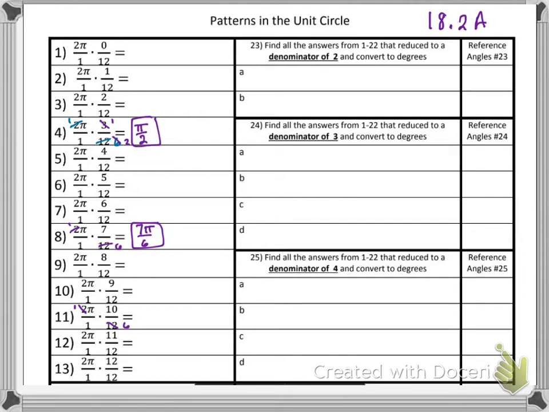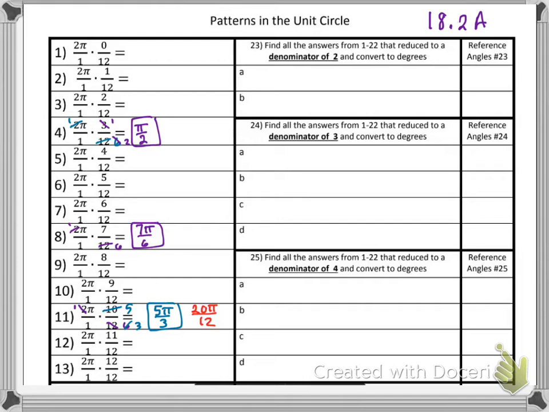Then 2 goes in there 5 times, 2 goes in there 3 times, and I end up with 5 pi over 3. And if you didn't like all that cross-canceling, it would actually work to just say 2 times 10, 20 pi, over 1 times 12, 12, and then reduce that down to 5 pi over 3. It still would have worked out for you.